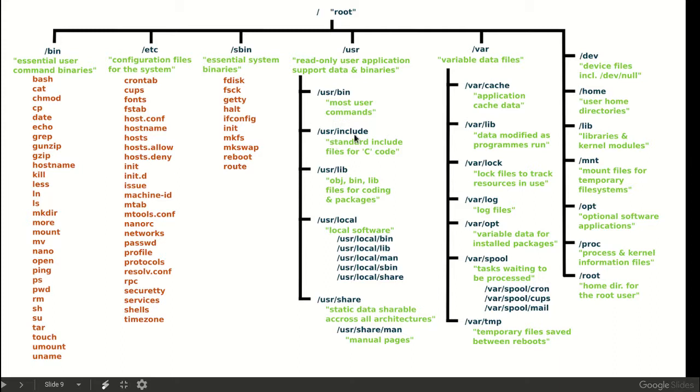If you're writing your C code, for example, you say maybe hashtag include standard input output, you'll find this in the include folder. If it's not there, then you specify an actual directory where we can find it.